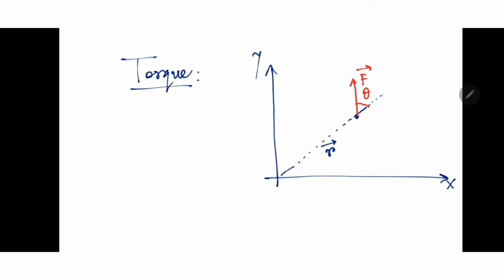Now, is this F vector capable of changing the orientation of r vector? That is, is it capable of changing it by an angle of phi?